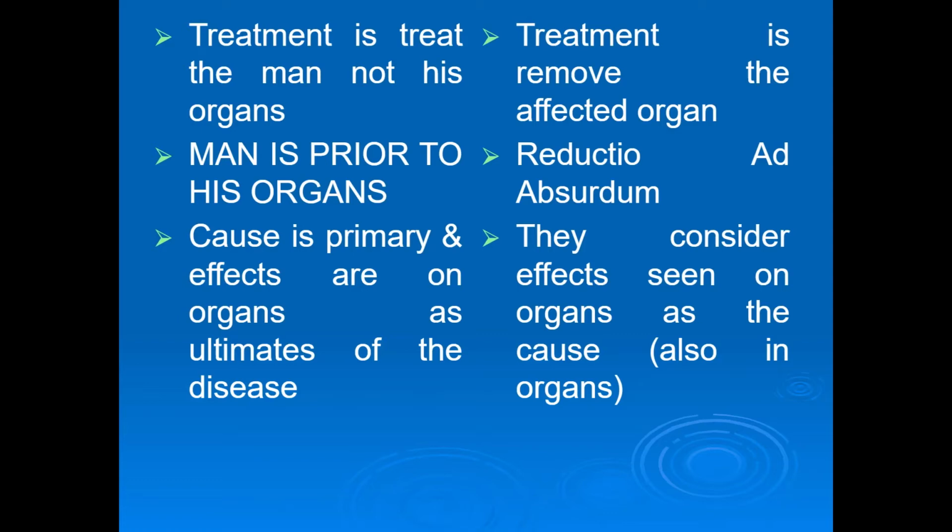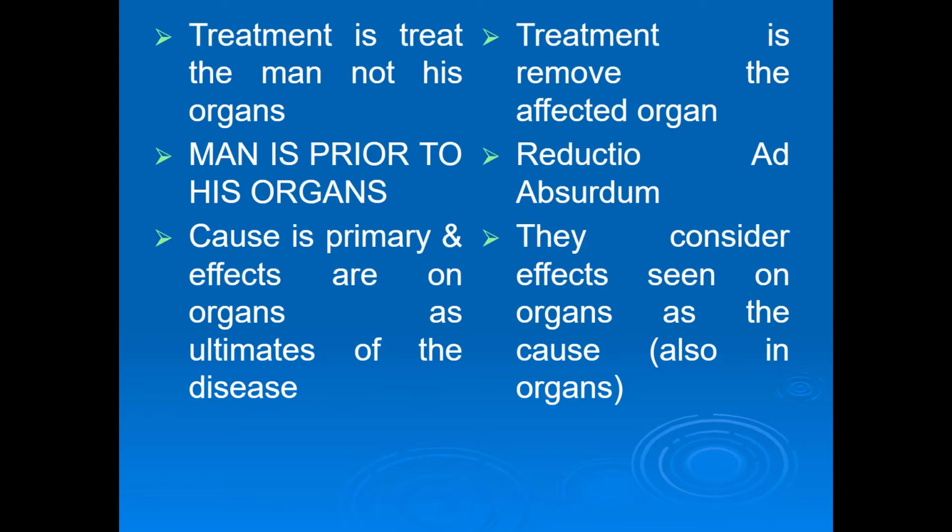So causes of disease are primary and effects are on the organs as ultimates of the disease. So effects or the ultimates are seen on organs as pathology. So this is the end product of the disease and disease is prior to it.